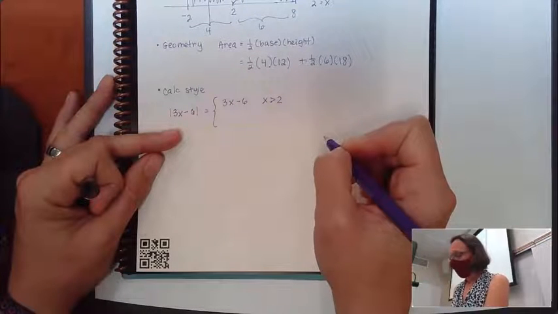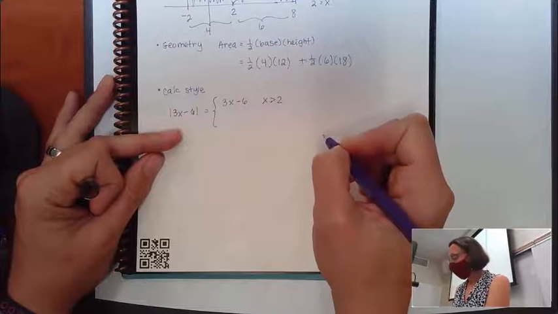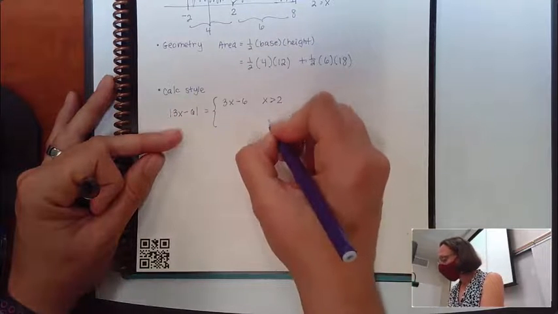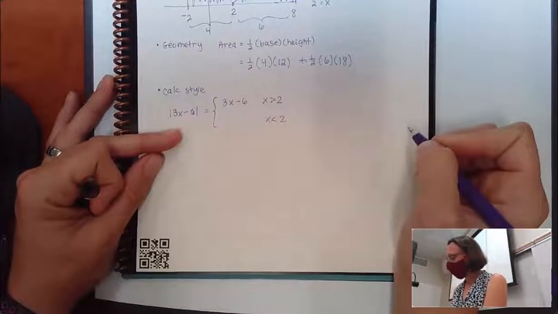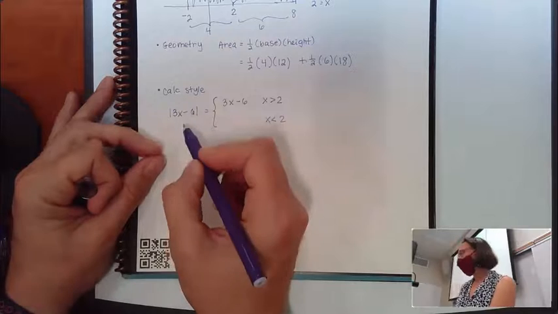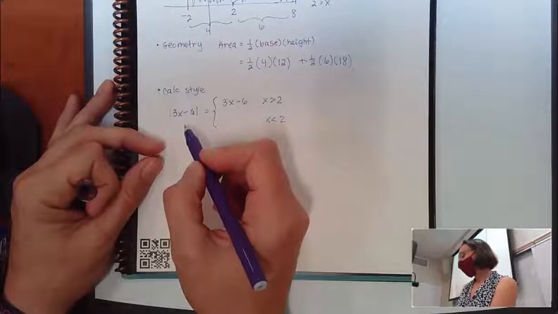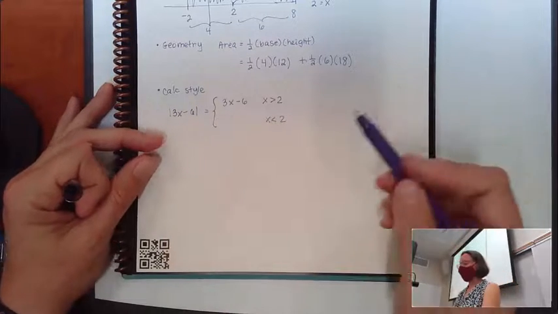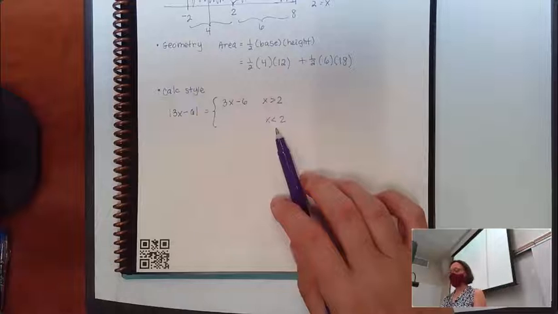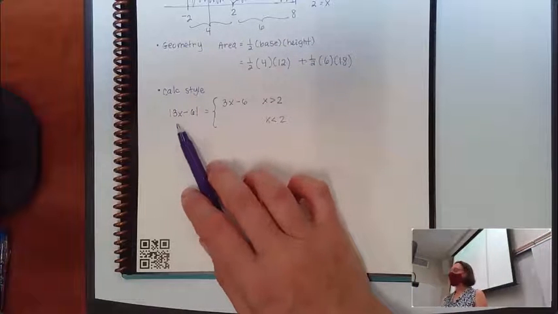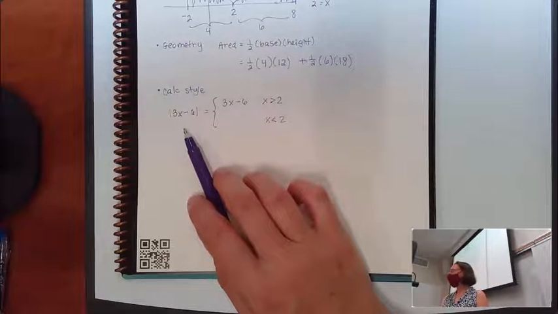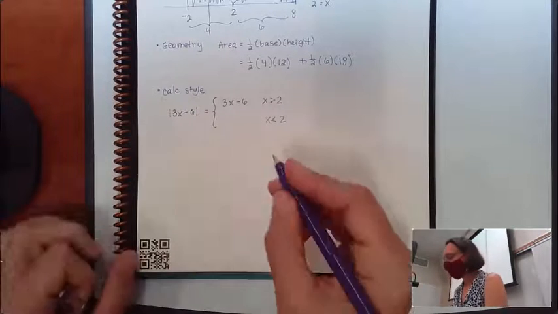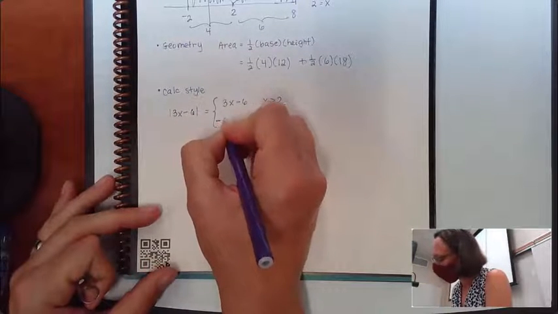I think this is what you showed us. Okay. Now, if x is less than 2, well, let's pick a number that's less than 2. So if I pick 0 and I plug it in, then what's inside of the absolute value is negative. And the absolute value then switches the sign because it was negative. So we're going to switch the sign like this.